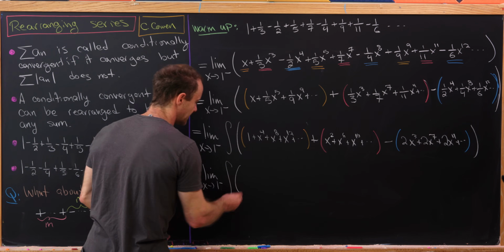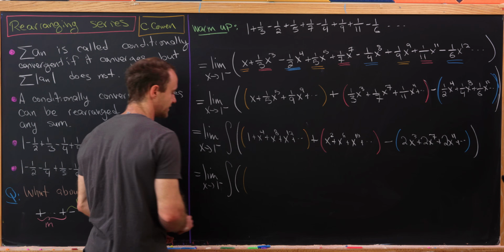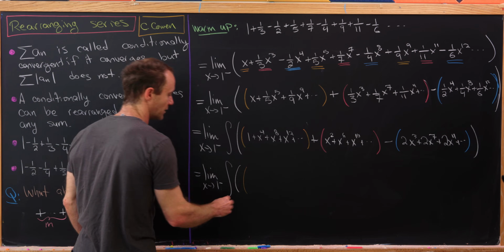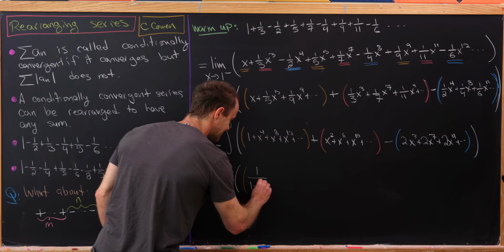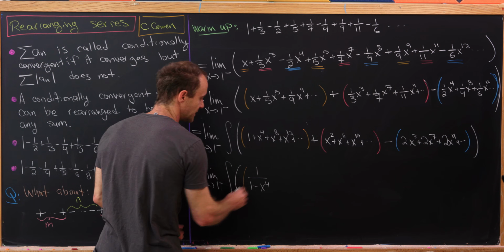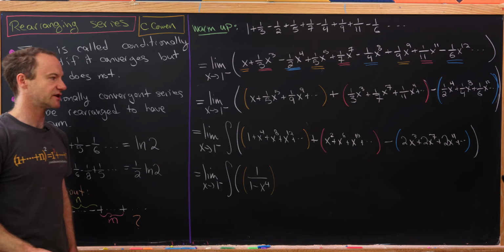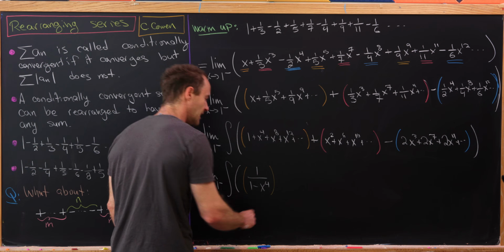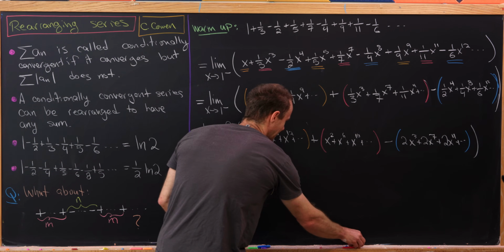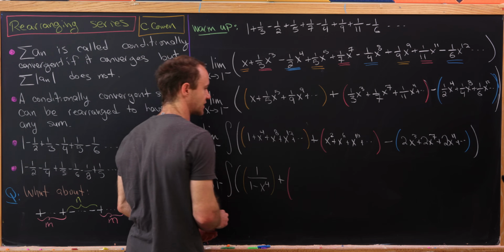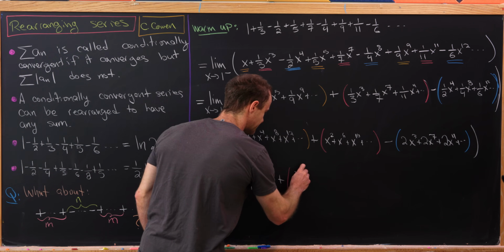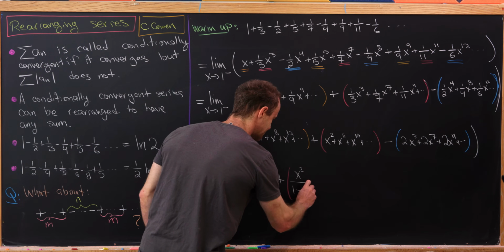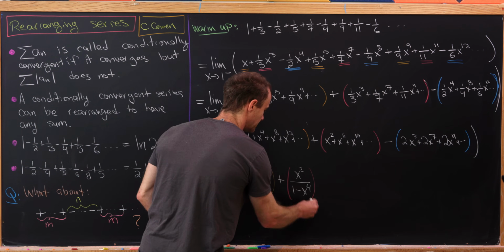let's see. So this geometric series in orange will be 1 over 1 minus x to the 4th. So I think that's pretty clear because my starting term is 1 and my common ratio is x to the 4th. And then to that, I'll add the sum of the geometric series which is occurring in red, which will be x squared over 1 minus x to the 4th.